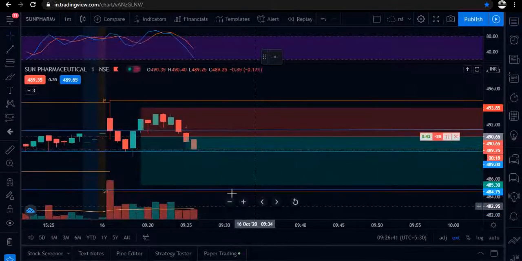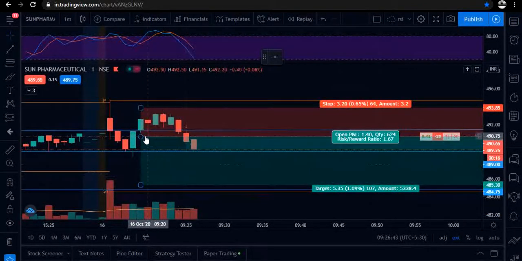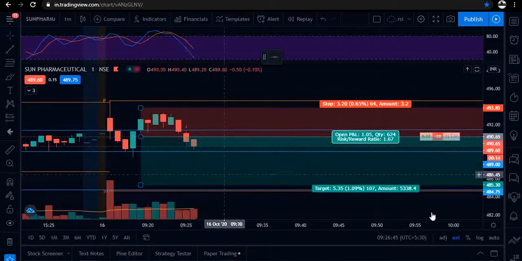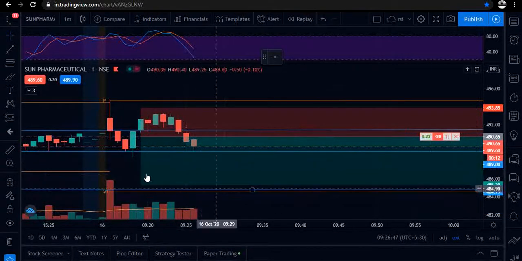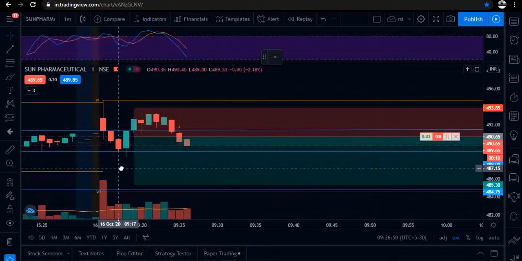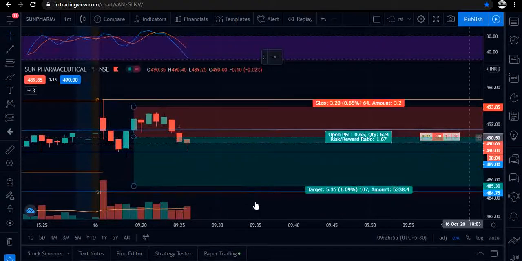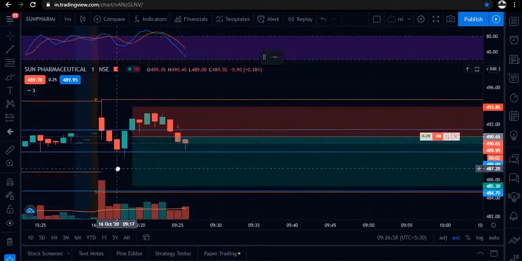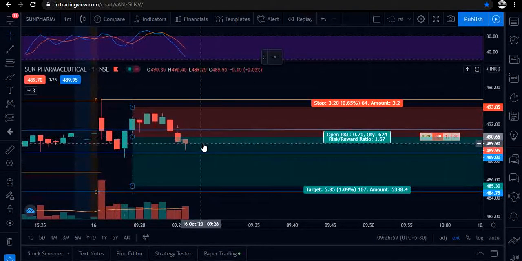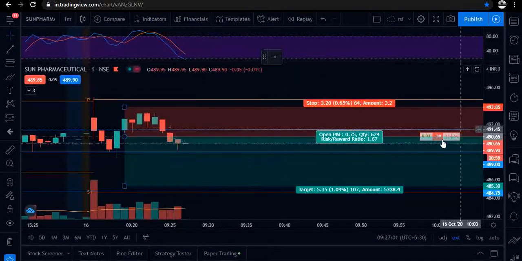So traders, here you can see that I have made an entry in Sun Pharma. I have sold 30 quantities in Sun Pharma with a risk appetite of 100, as we can afford only a loss of 100 rupees. Now let us place our target and stop loss.